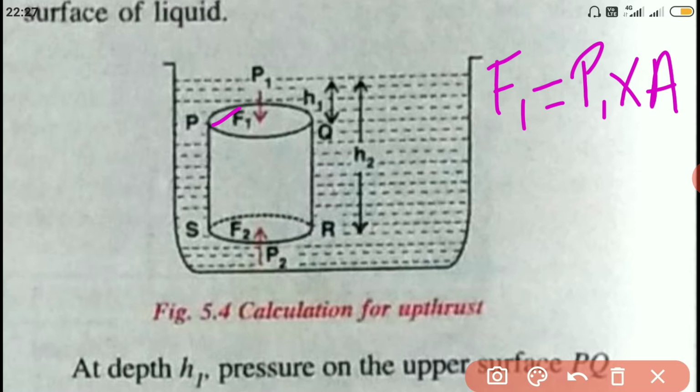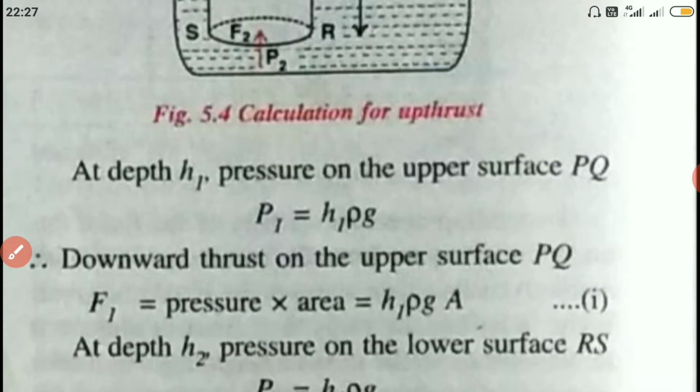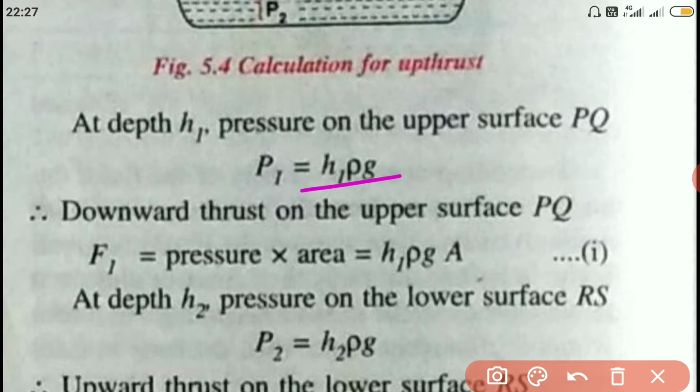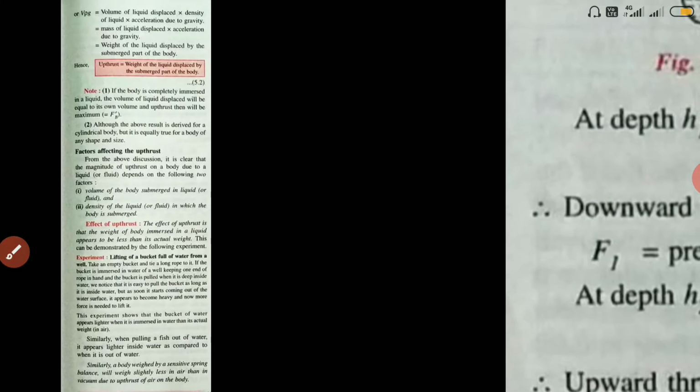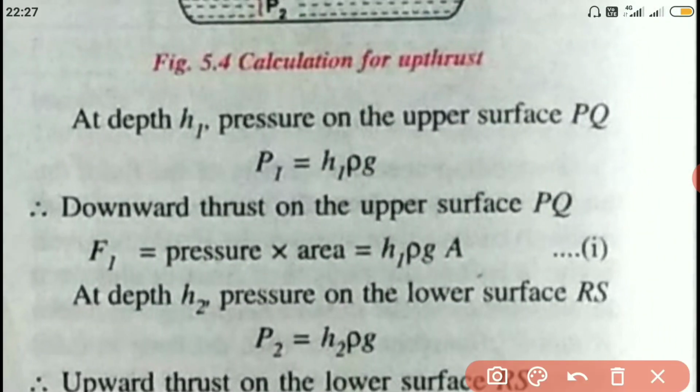Now we know the expression for the pressure, which is h1 rho g. So F1 should be equal to the pressure's expression h1 rho g, multiplied by area, which was taken to be A. Let this be equation number 1. I hope you have understood till here.